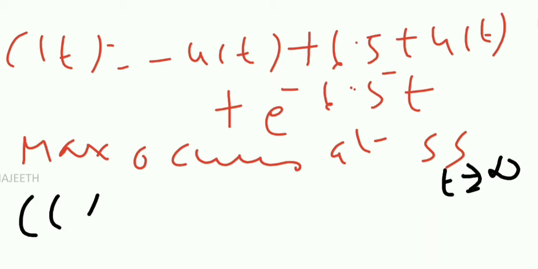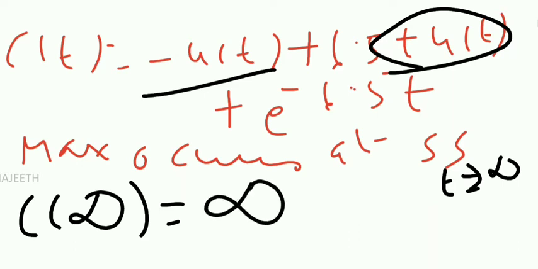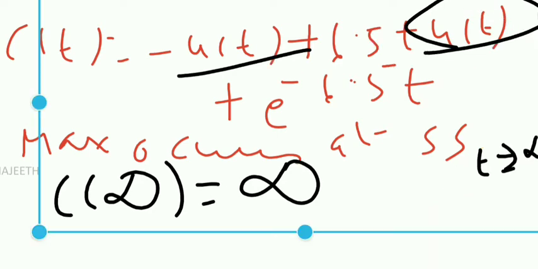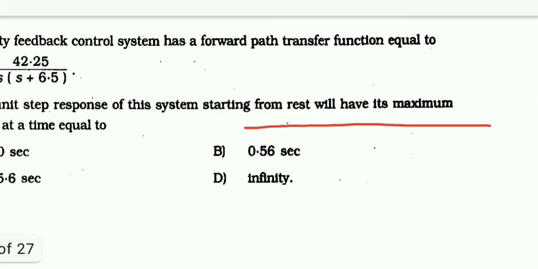So we substitute t equal to infinity here. The exponential term is not a problem, but 6.5 into t, when you substitute t equal to infinity, the total answer becomes infinity, and the exponential term is 0. So my answer is infinity. Option D is the right answer.